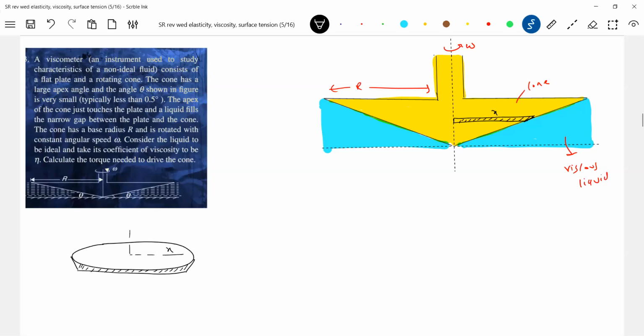This will be dr. This will be dr. You can write it. There's a point too. Okay, here, this is y. This is r. Able to understand?